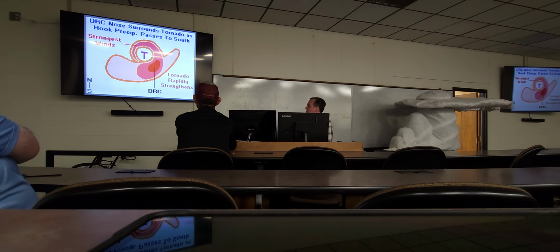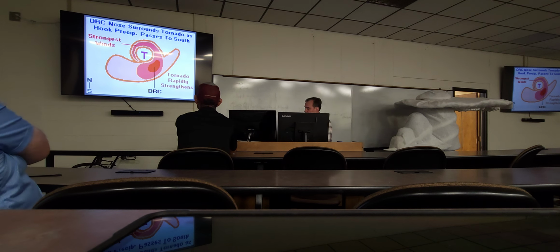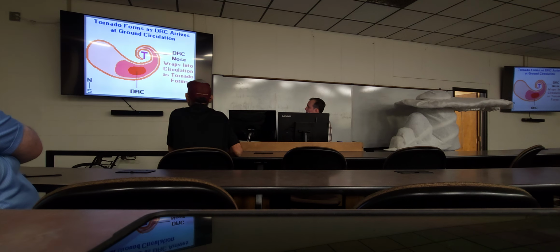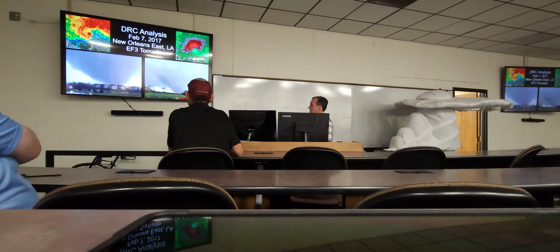The tornado forms and the strongest winds, and then the tornado becomes rapidly stronger. And so this is what it would look like. It's descending, hits the ground, the leading edge comes around the circulation, tornado forms. And so that's where we've marked the DRC based on this graphic here.